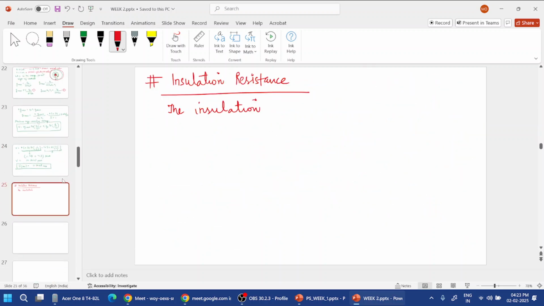Okay, now we move on to the next topic, the insulation resistance of the cable. How do we calculate the insulation resistance of the cable? It is given by the formula R is equal to rho upon 2 pi L log capital R by small r.